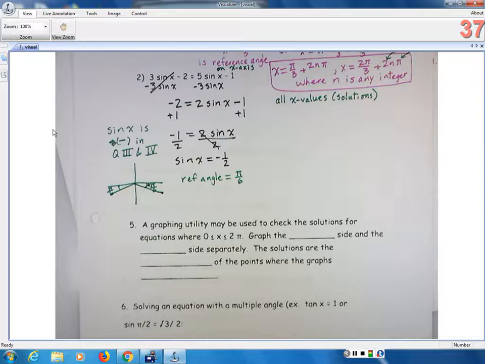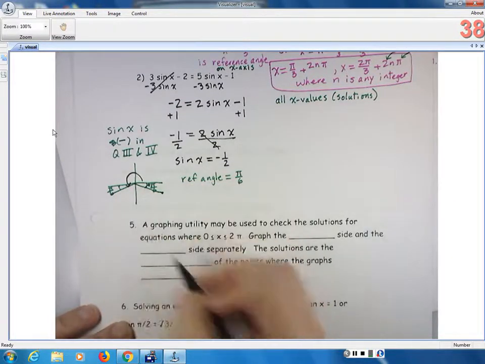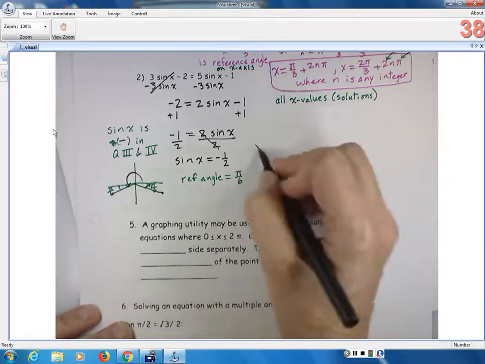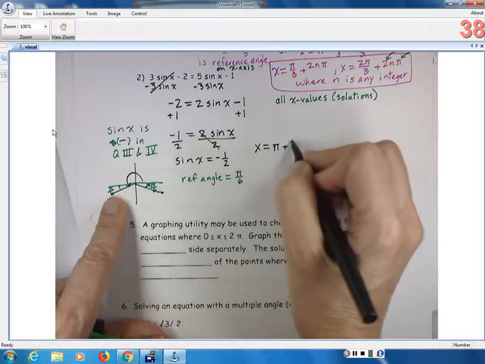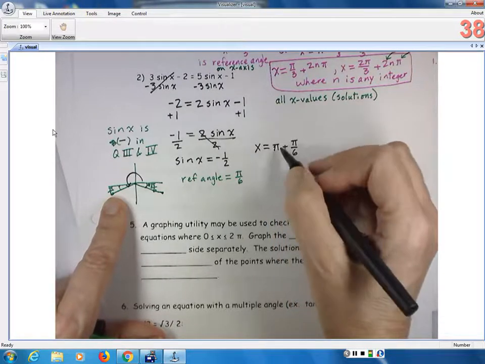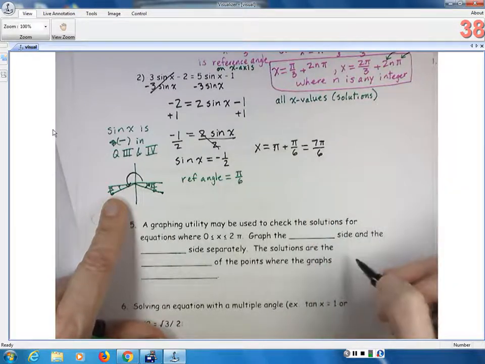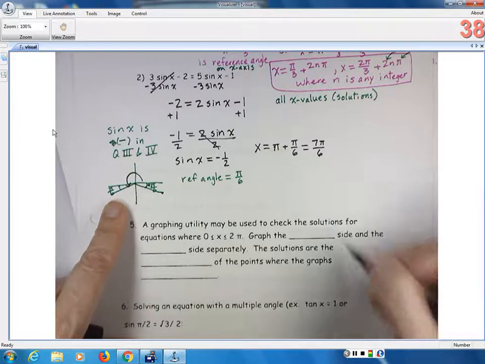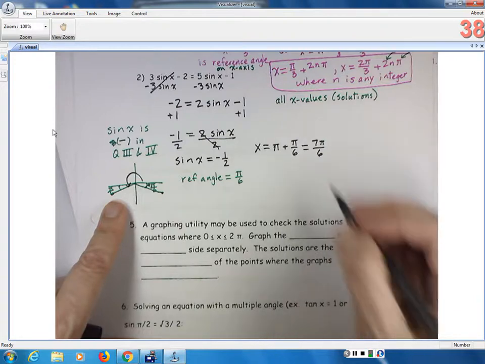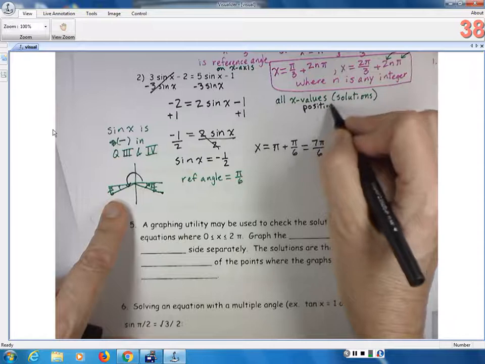What are these two angles? One of them is here: one angle is going to be pi plus pi over 6. That's 6 pi over 6 plus pi over 6, which is 7 pi over 6. That makes more sense now that you showed the drawing of it. Yeah, so always draw it. And we want to use positive angles.